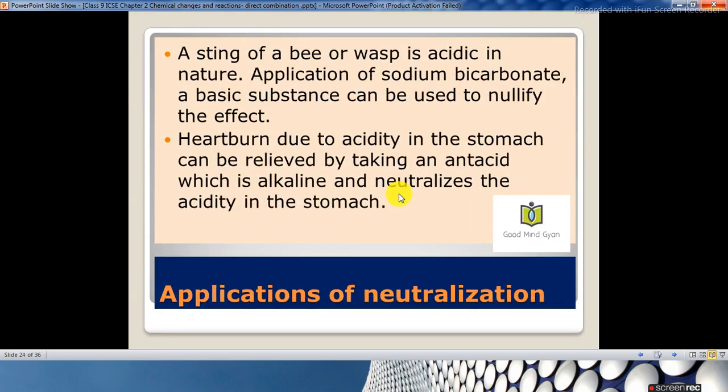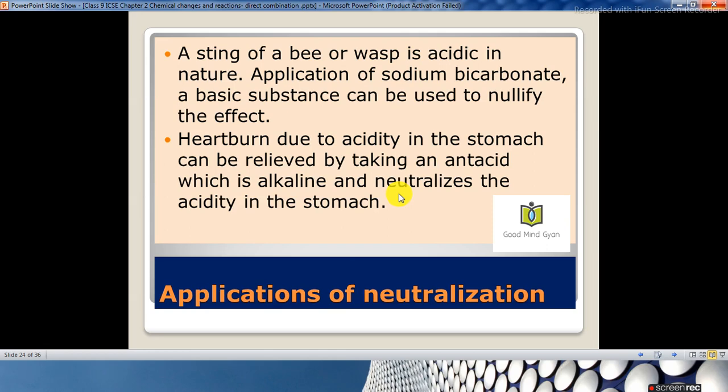Next, what is the application of neutralization? As you know, an acid combines with a base to form salt and water. One application: when the sting of a bee or a wasp, which is acidic in nature, bites you, if you apply sodium bicarbonate, which is a basic substance, the effect will be nullified.